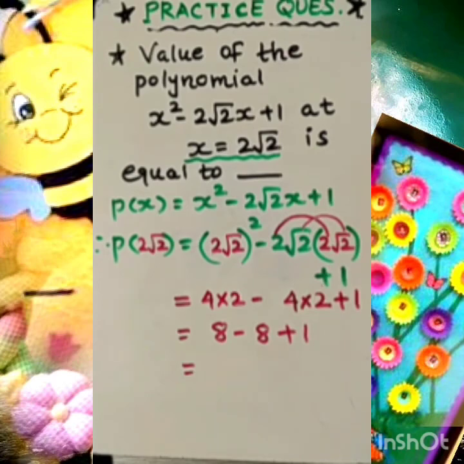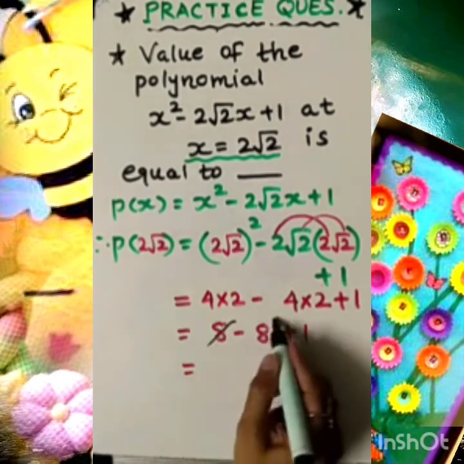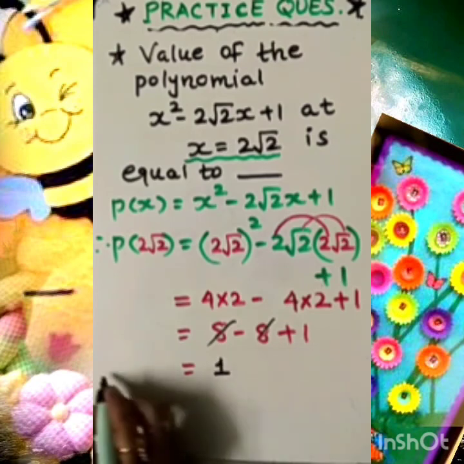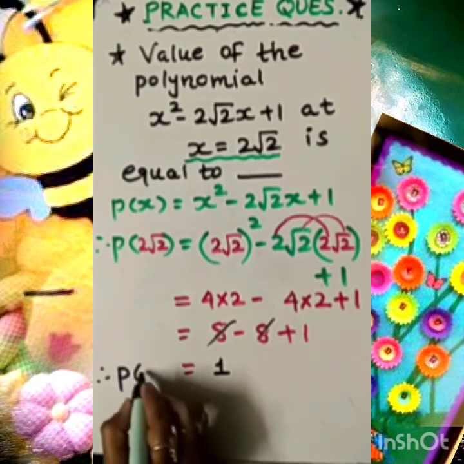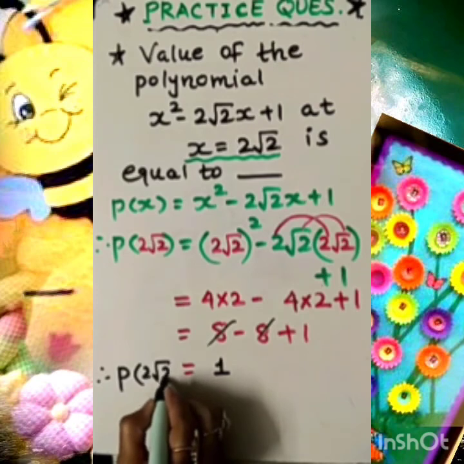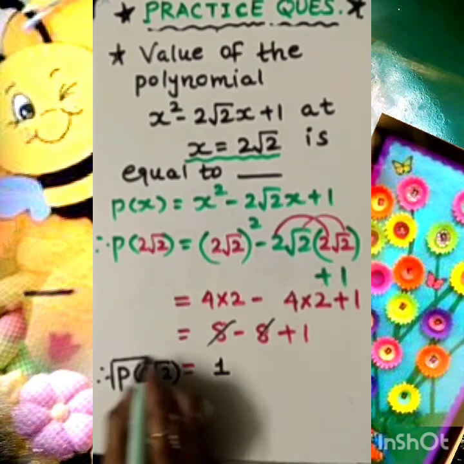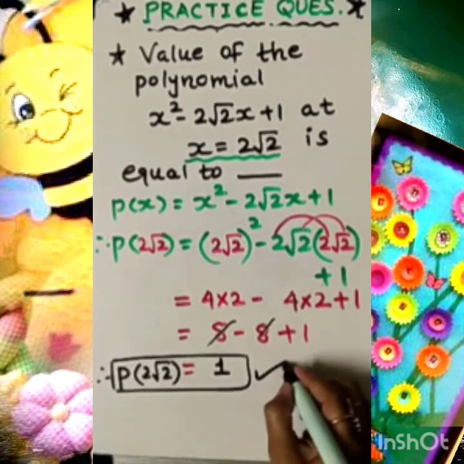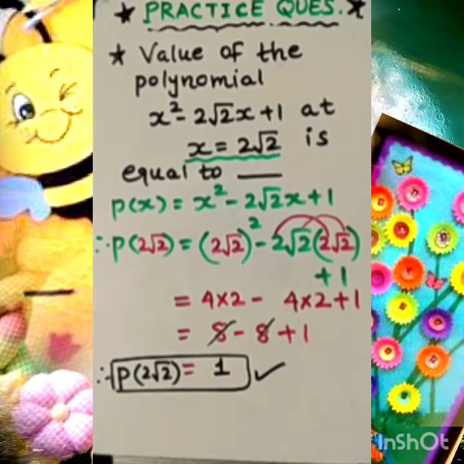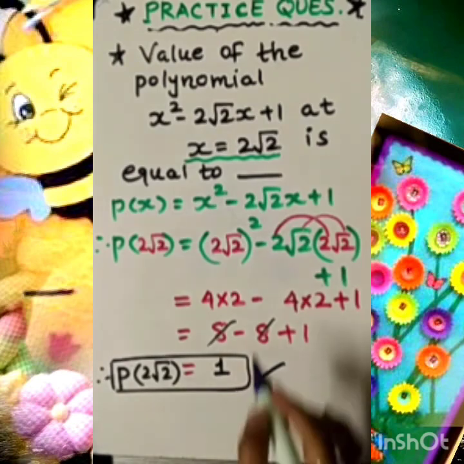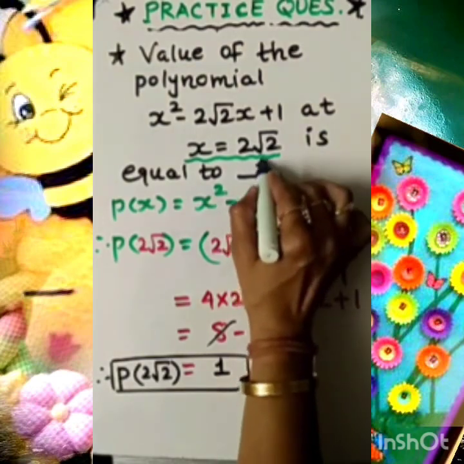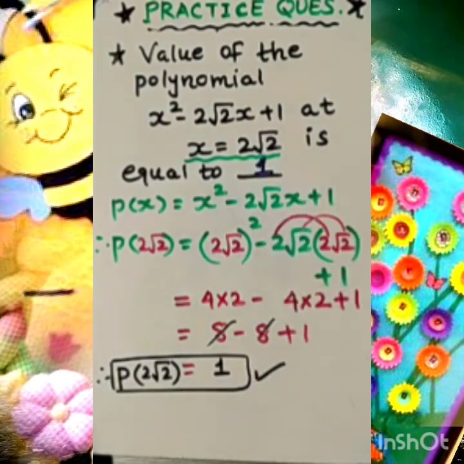Now you know 8 minus 8 will be cancelled. So the solution of this is 1. Simply I should say, if we put the value of x as 2 root 2 in the given polynomial, the answer is coming 1.